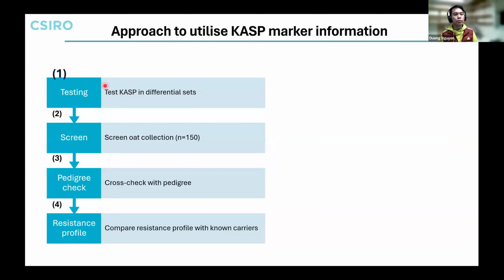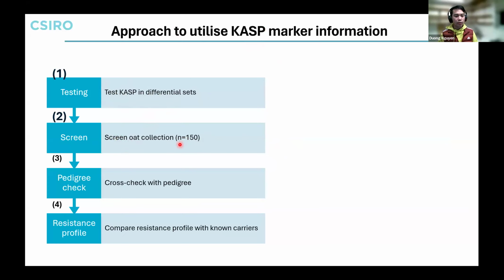First, we test the KASP markers in the different sets to see if any marker is specific for the Pc carrier. From that specific marker, we then screen the oat collection, including 115 lines, to identify any other potential Pc carriers already available in our germplasm.